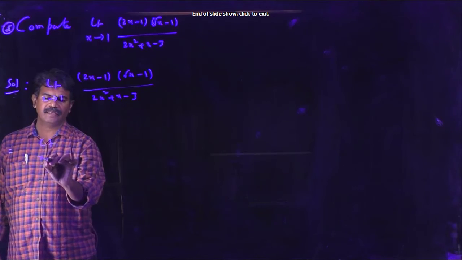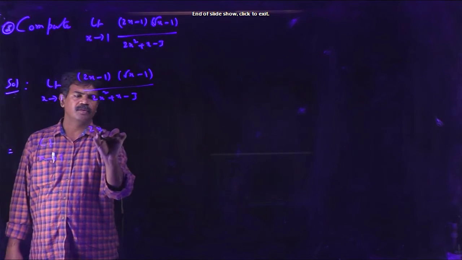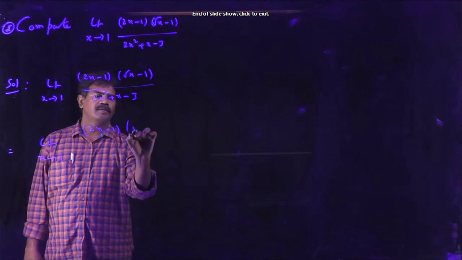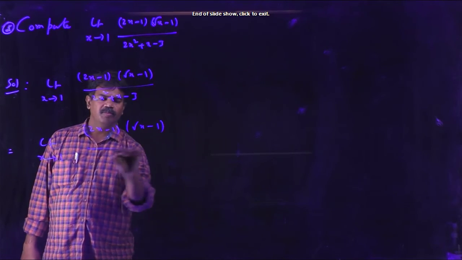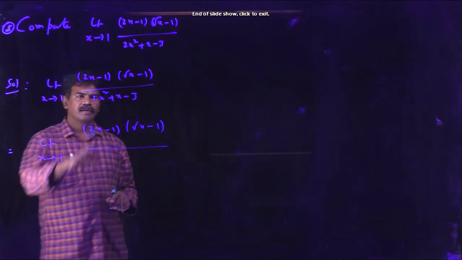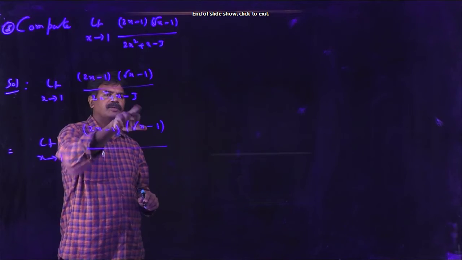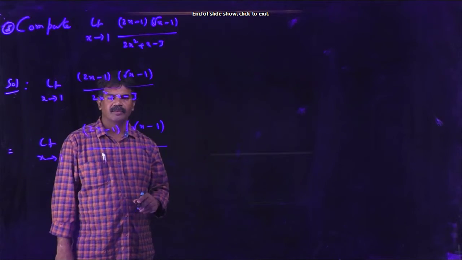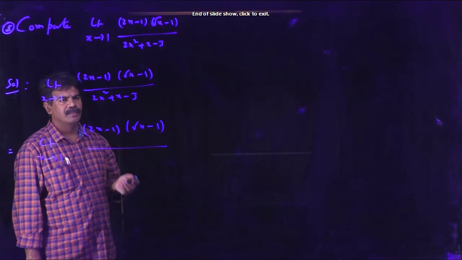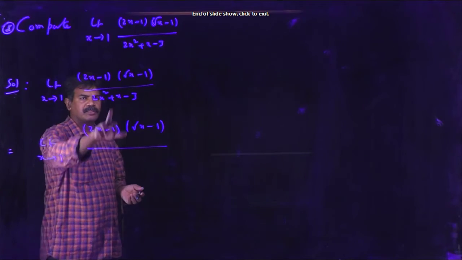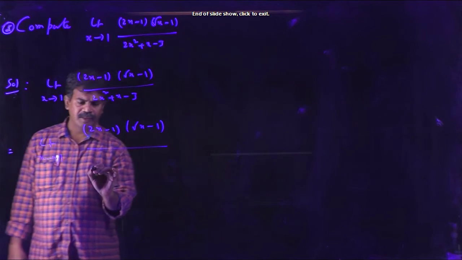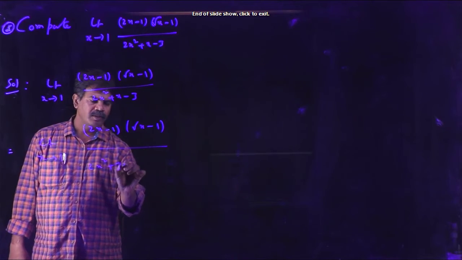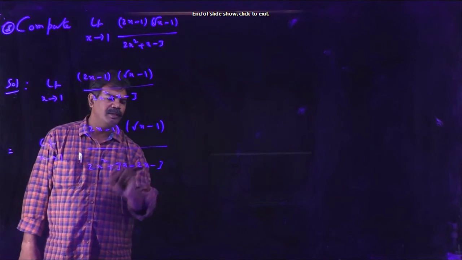So to find the limit value, we do something. Limit x tends to 1, 2x minus 1 into root x minus 1 by, now we find the factors. 2 into minus 3 is minus 6. So the factors of 6 are 3 into 2 and 6 into 1. So here in the middle we have plus 1. So we write 2x square plus 3x minus 2x minus 3.